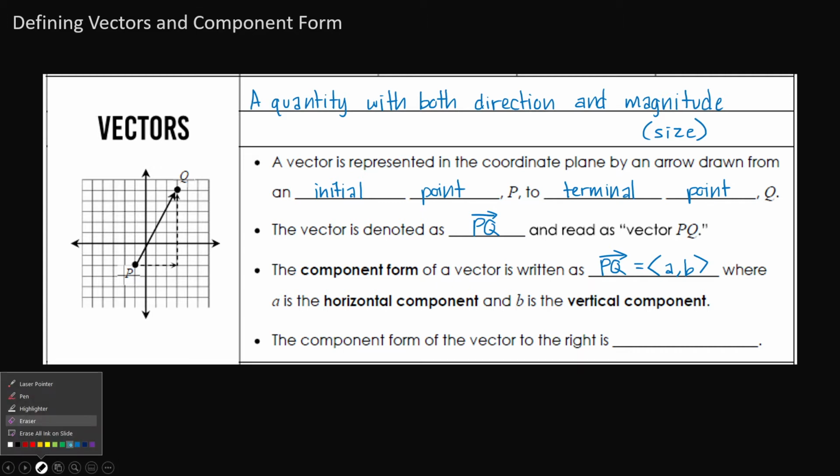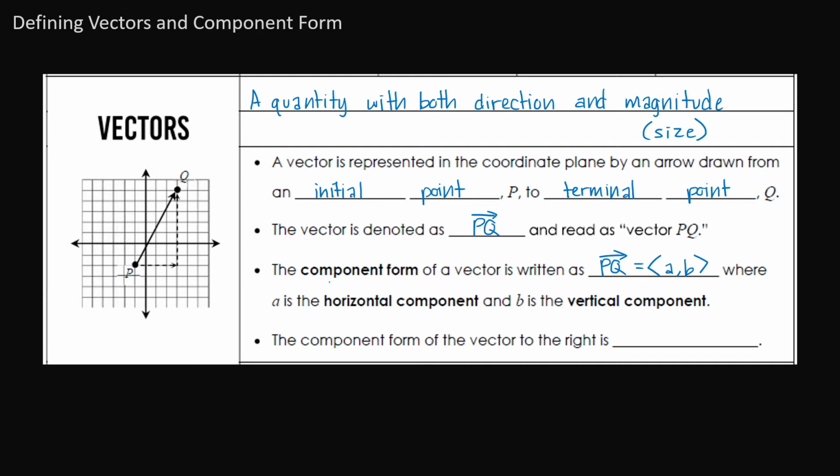So in the vector shown in the graph, a vector is represented in the coordinate plane by an arrow drawn from an initial point, in this case P, to a terminal point Q. The vector is denoted as PQ and read as vector PQ. Kind of like ray notation, but rays and vectors are not the same thing. Rays have a definite size and direction.